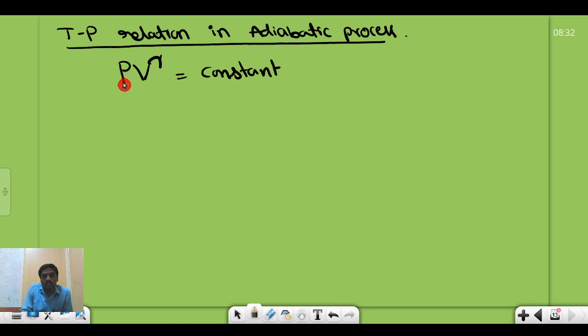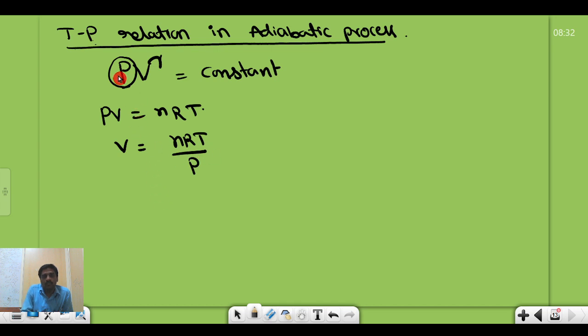Now our goal is to get the relation between T and P. The P term is already there, so we need to eliminate the V term in terms of T. For that we take the ideal gas equation, PV equal to nRT. Then V can be written as nRT divided by P.